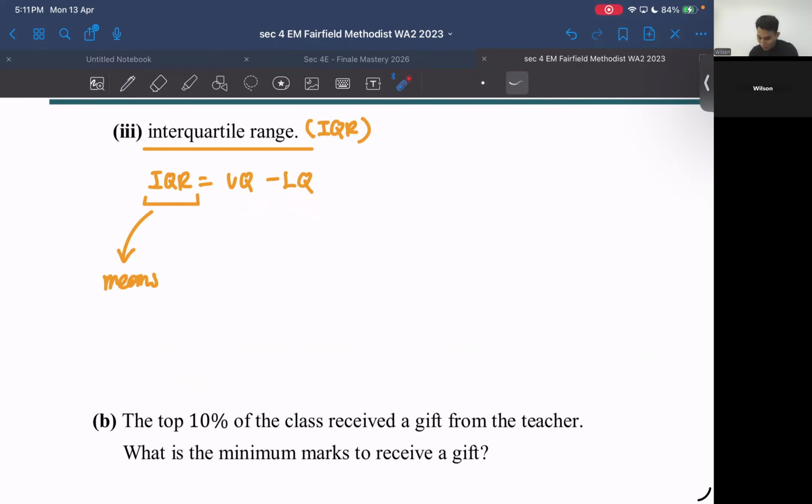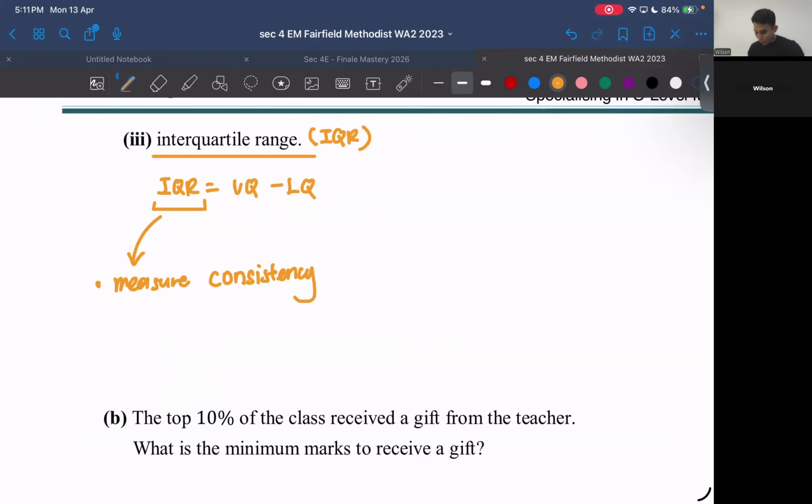Something to do with this thing that starts with a C. It measures this one, starts with C. No, still no. Audrey got it already. Audrey? Yes, consistent. It measures consistency over here. Okay, go and write down: measures consistency. So upper quartile position and lower quartile position is different from your lower quartile and upper quartile.